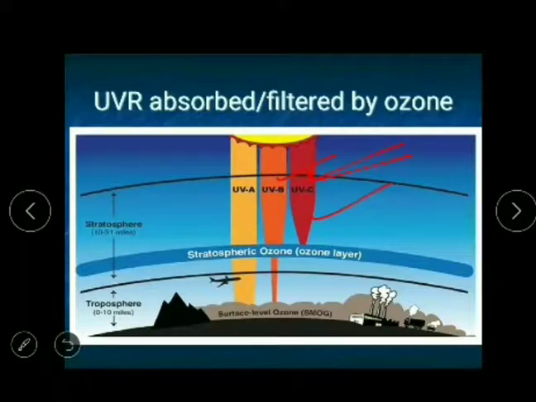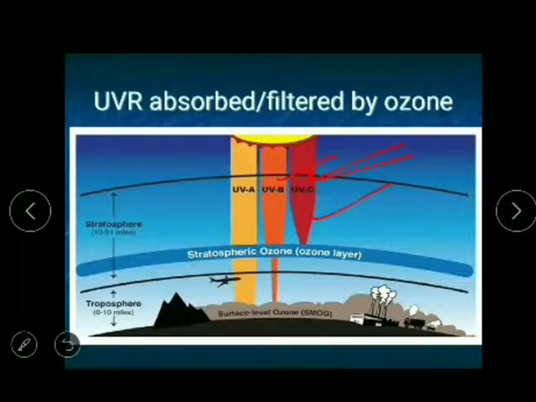This ultraviolet B is very harmful, so is ultraviolet C. And this ultraviolet A, the maximum portion of ultraviolet ray reaches to Earth, and this ultraviolet A is required by plants, it's required by animals.